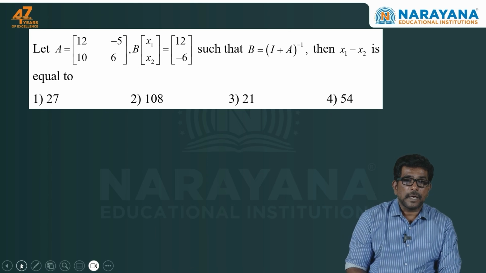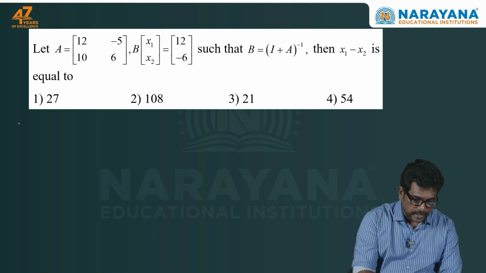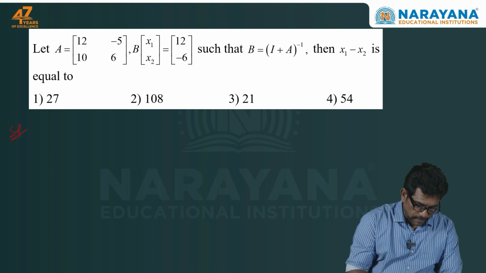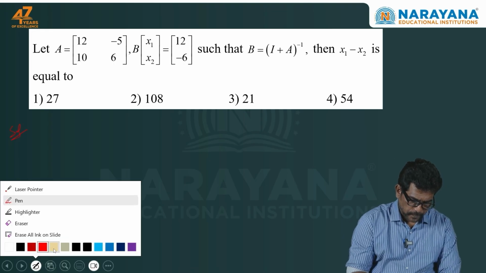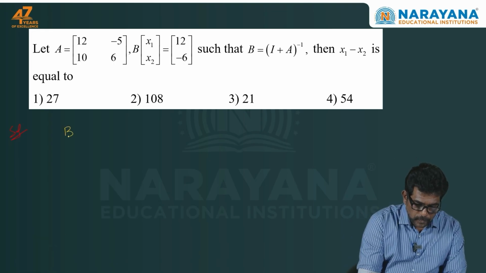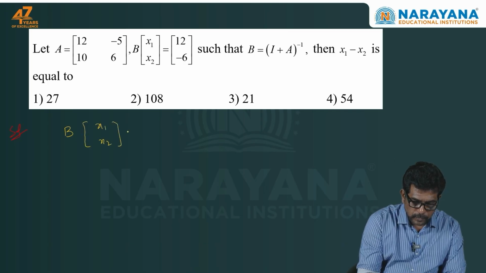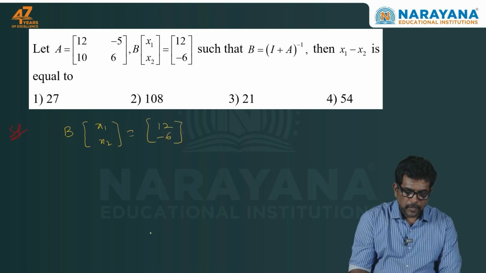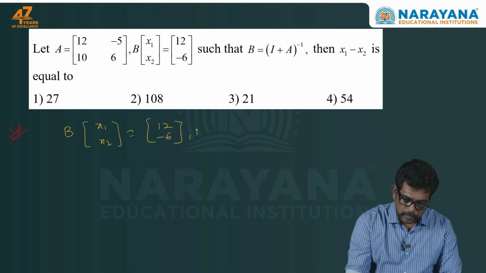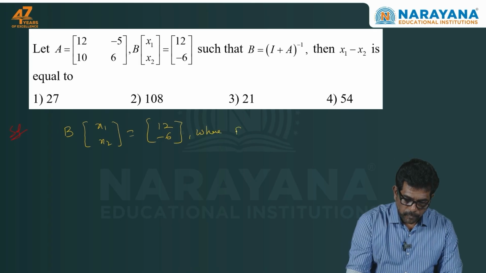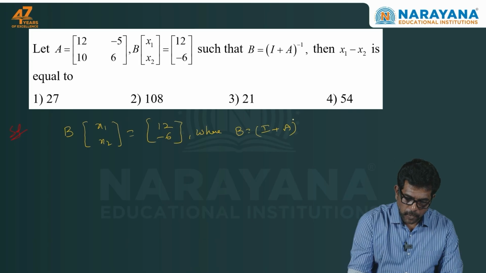First of all, observing the given matrix equation, B into matrix x1, x2 is equal to 12 minus 6, where B is equal to I plus A whole inverse.